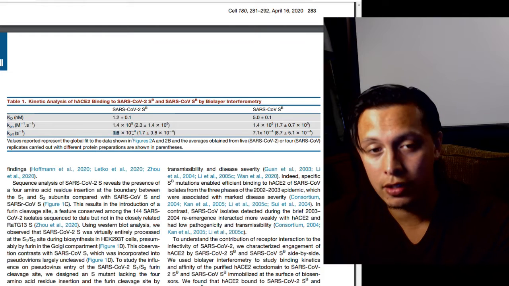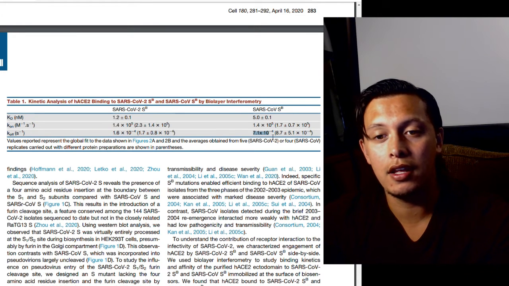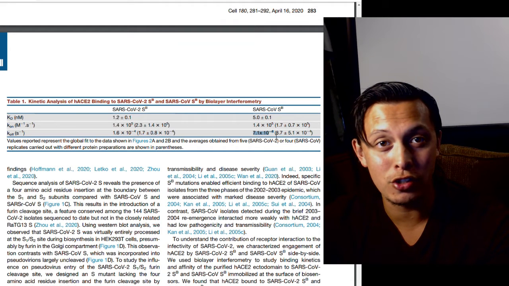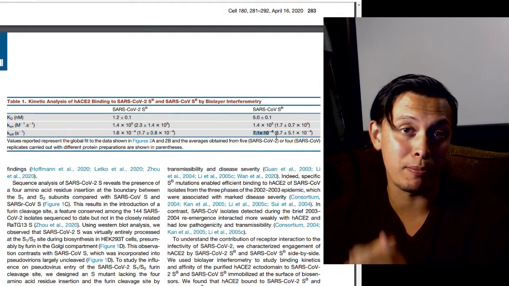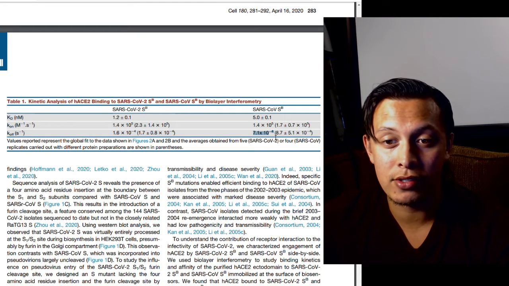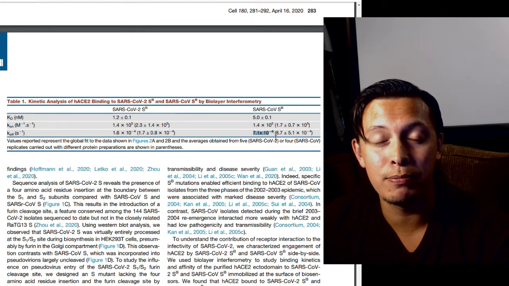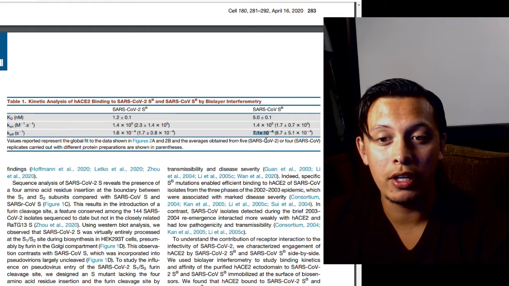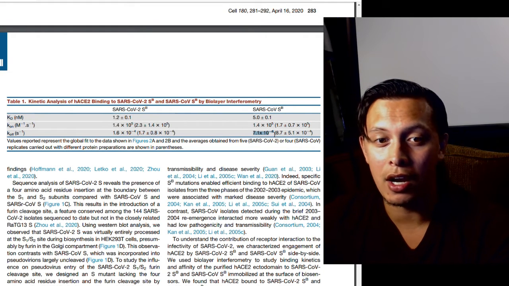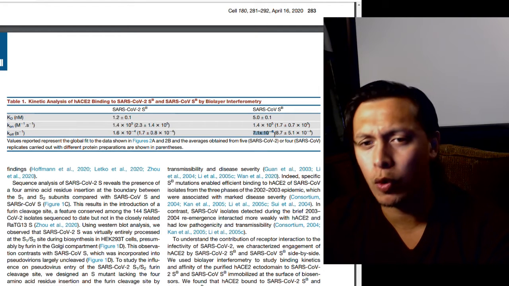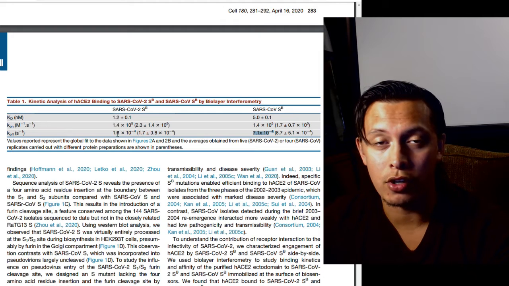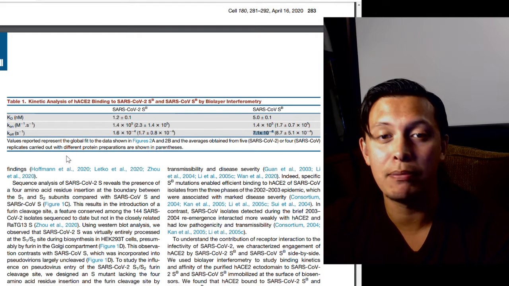This is telling you that if given a particular concentration of bound receptors, and it's being washed away, the old coronavirus will come off of the receptor about 3, more like 4, times more easily than the new SARS coronavirus. So just keep that in mind.